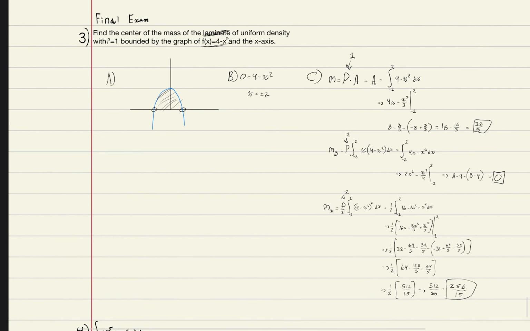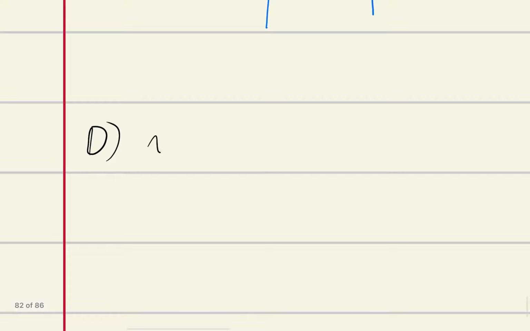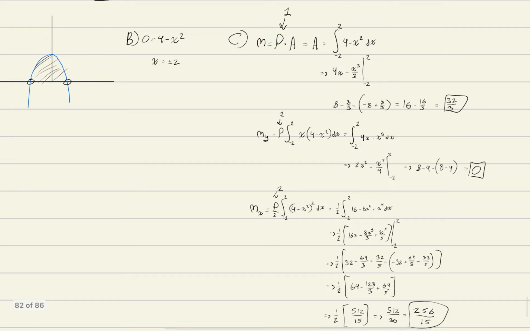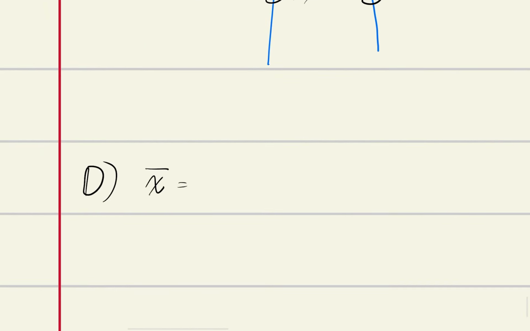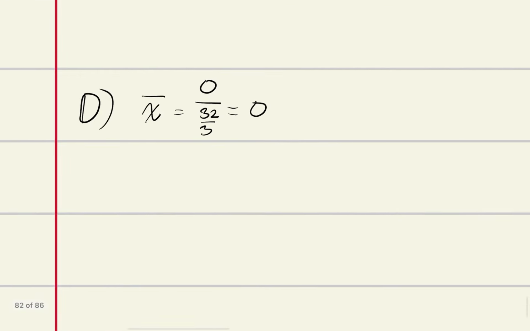Next, we need to find x bar and y bar. So step D, x bar is equal to my over m. My is 0 over 32 over 3, and that is equal to 0. Y bar is equal to mx over m. Mx is 256 over 15, and m is 32 over 3.